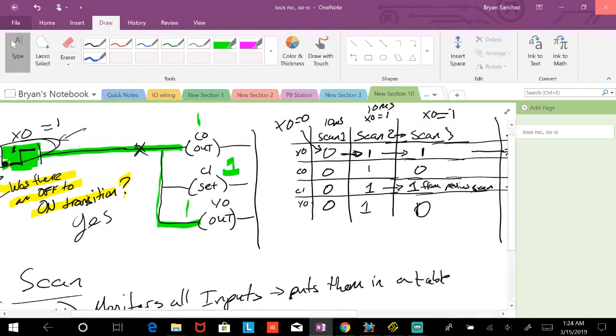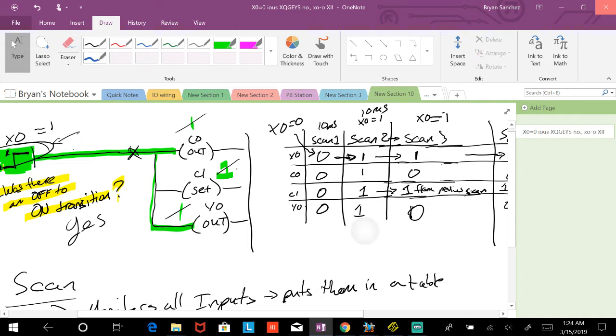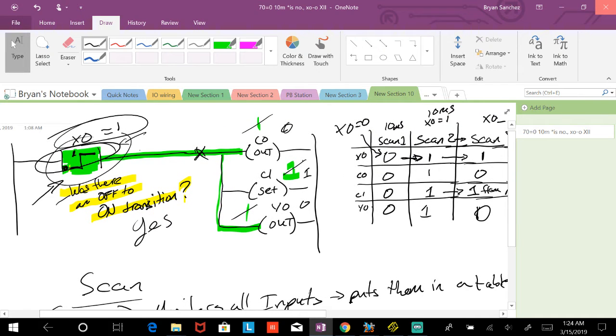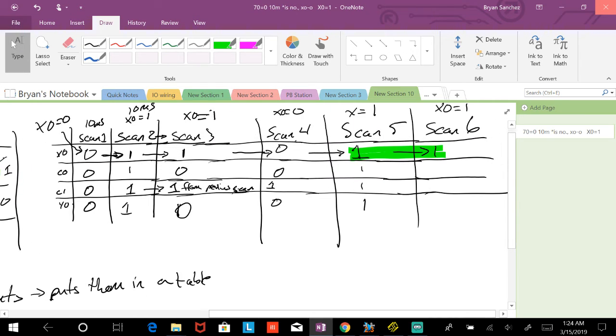So since there was not an off to on transition, C0 turns back to 0. Y0 turns back to 0. Notice that X0 is 1, but they all turn back to 0 except for the set. So in other words, if you're going to use this instruction to turn something on and leave it on, you've got to use something like a set if you want to leave it on. Because this is just going to pull your outputs from on to off real quick. So C0 equals 0, C1 continues being 1 from the set, and Y0 goes to 0 again. Okay?